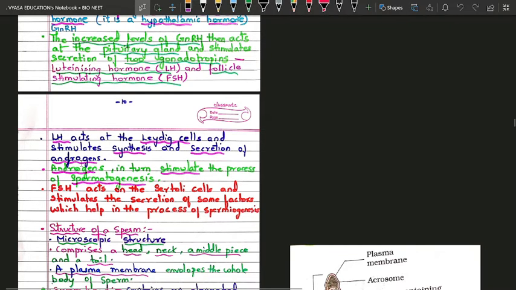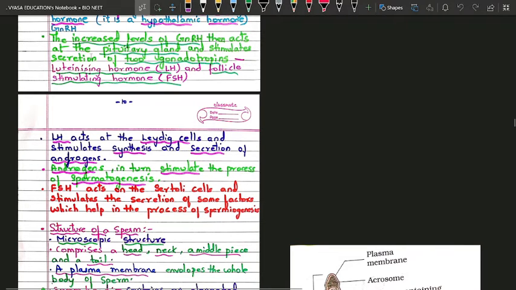We said that Leydig cells secrete the androgens, the male hormone. Androgens in turn stimulate the process of spermatogenesis.